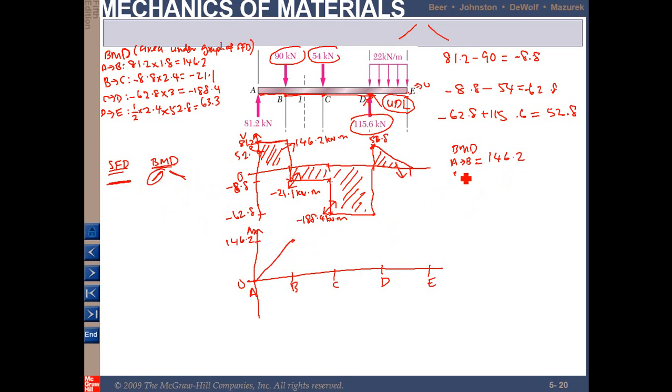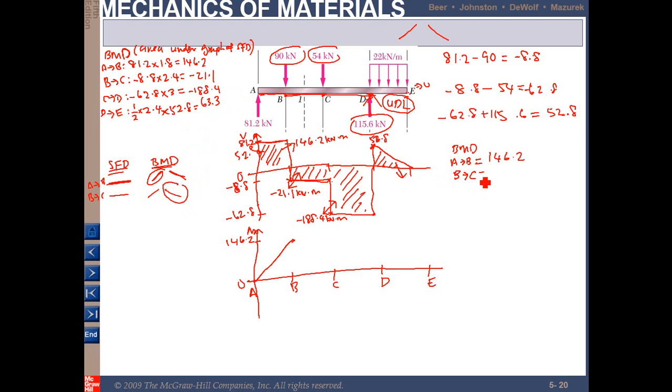And then from B to C, also the shear force diagram is like this. This is from A to B, this is from B to C, also like this. So the bending moment diagram is either like this or like this. But because it is now minus 21.1, it is definitely like this because it goes down, because it is negative.